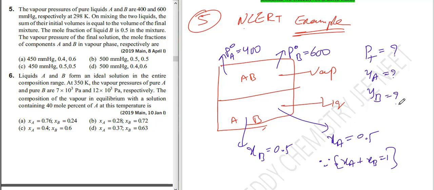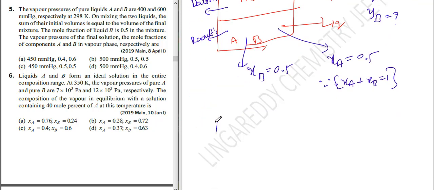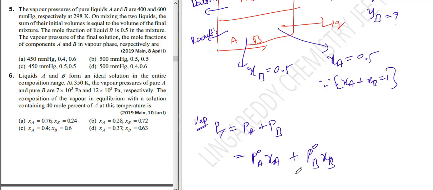See here, one relation I will tell you. We will use Dalton's law in the case of the vapor phase. In the case of the liquid phase, we will use Raoult's law. So P total in the vapor phase equals PA plus PB. But according to Raoult's law, what is PA? PA equals P naught A into XA, and PB equals P naught B into XB.